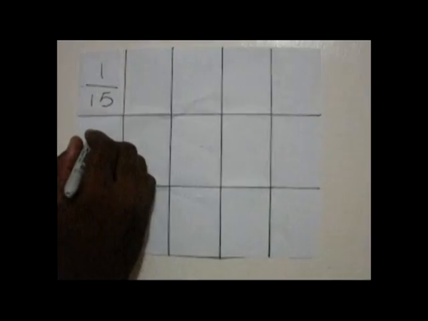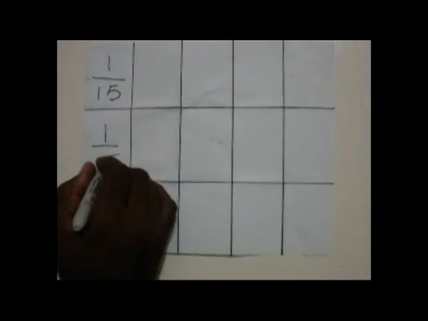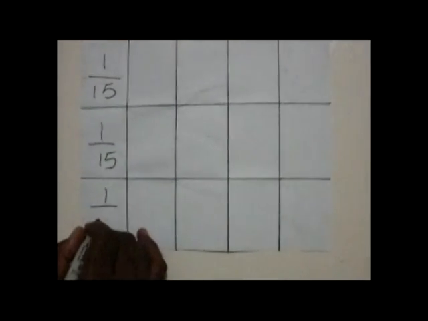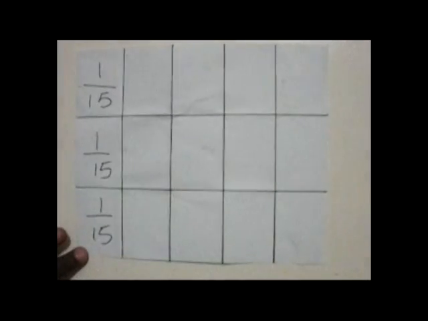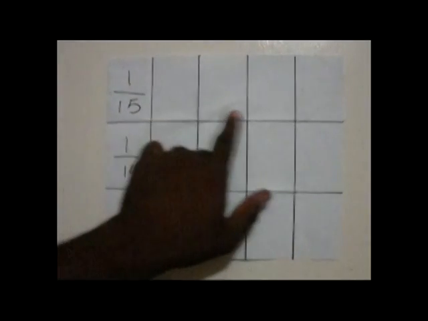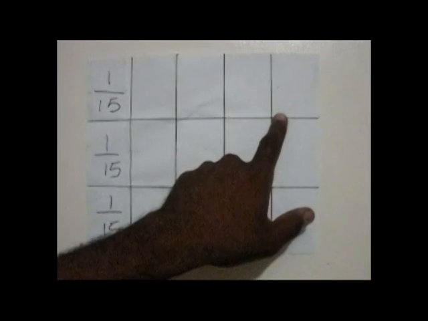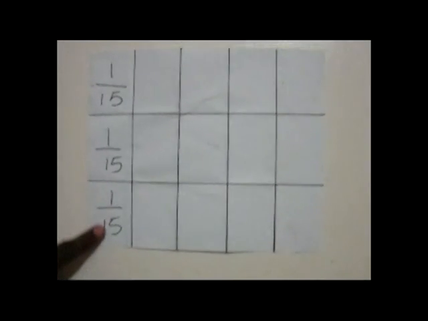So we could write another 1/15th here, another 1/15th here, and how many? So we have 1, 2, 3 1/15ths will give us what? 1/5. So 5 1/15ths is 1/3, and 3 1/15ths is 1/5.